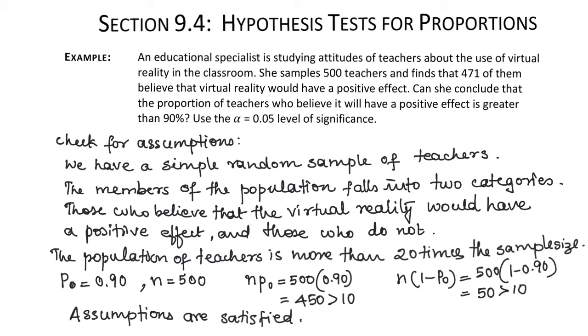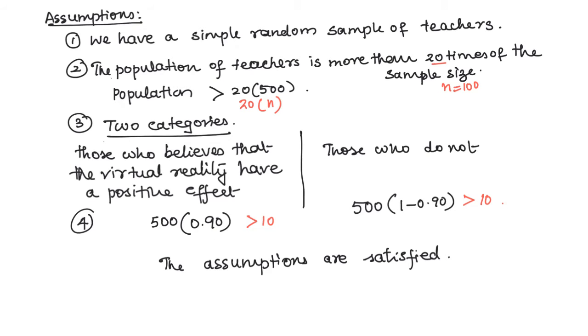Let me put these assumptions in 4 steps so that it will be easier to remember. First, we have a simple random sample of teachers. The population of teachers is 20 times more than the sample size. So 20 times 500, that is 10,000. So the population of teachers will definitely be more than 10,000.